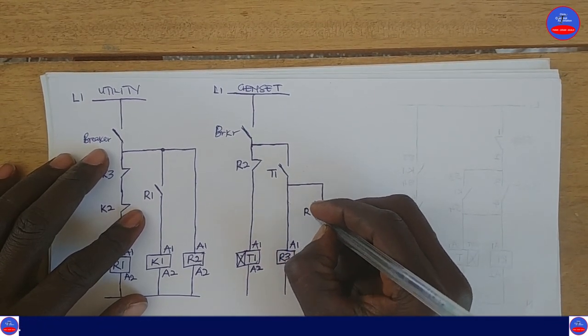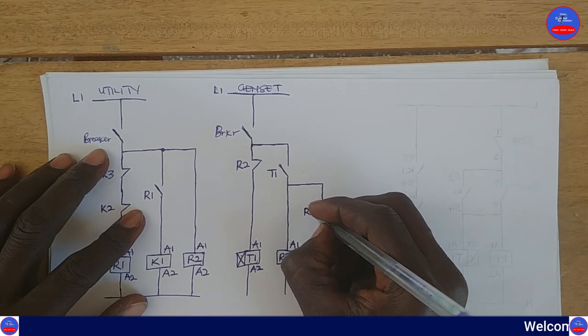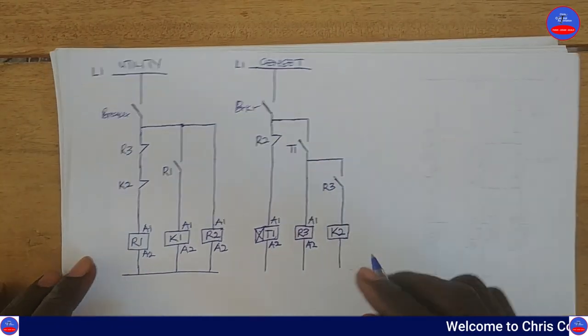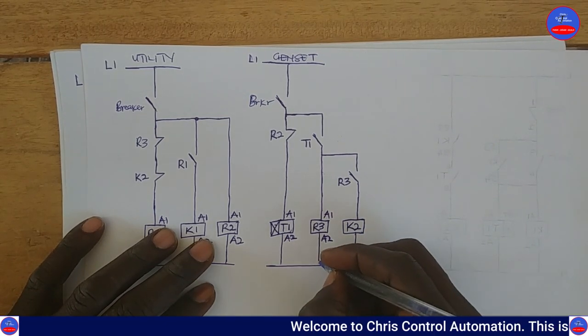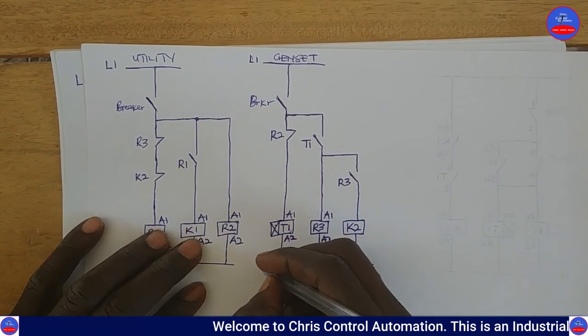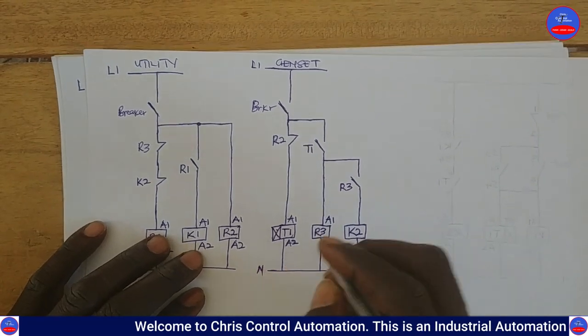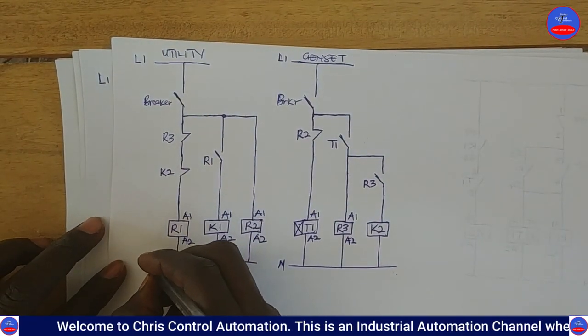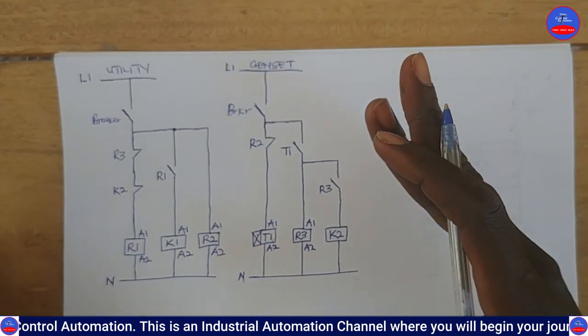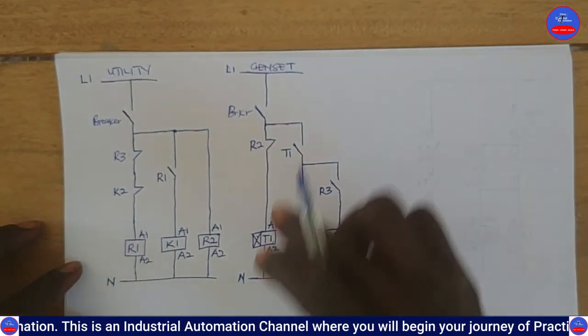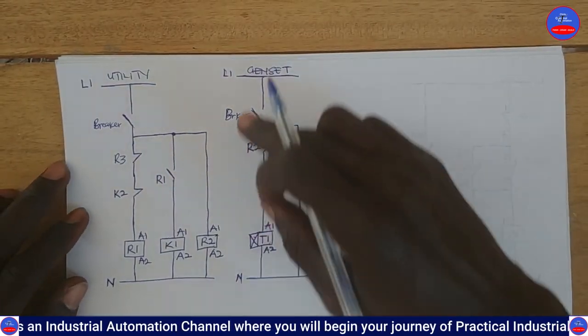I said earlier that we are changing certain things and adding certain things. So this is the neutral line for this. This is neutral. This is line 1. But they are apart. When you are doing them practically, they are not going to use the same line and neutral.